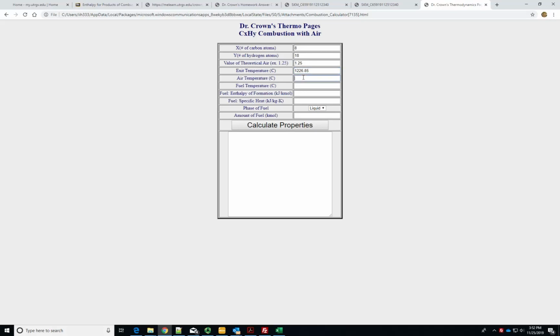The air temperature is 60 degrees C. Fuel temperature is 100. The enthalpy of formation for the fuel, for octane, it's liquid octane. If you go to table 8.5, you can find liquid octane, and it is negative 249,910.